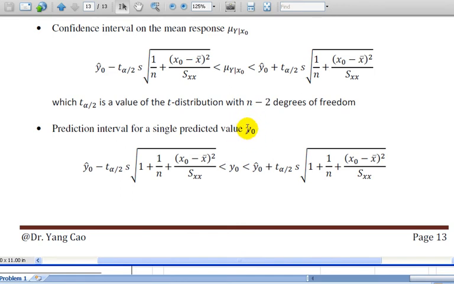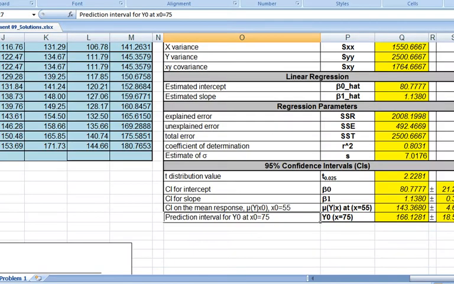The range of the predicted value is going to be wider than the confidence interval for the mean response. This is the formula here. So it's still y naught hat plus minus a quantity here, but this quantity is slightly bigger than this quantity. You can see there's no 1 here, but there's a 1 over here. So that's why you're going to get a slightly bigger interval for the same value x naught. In this case, I should change it to 55 anyway. So this is what you're going to get here.